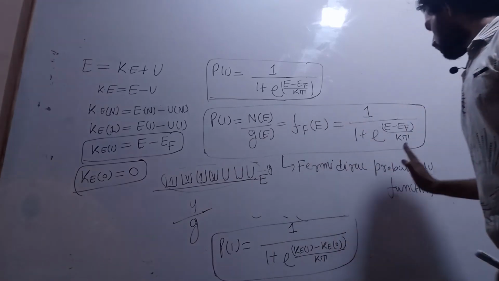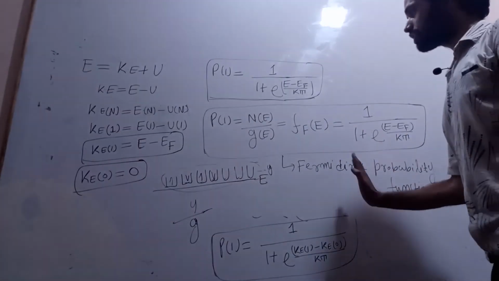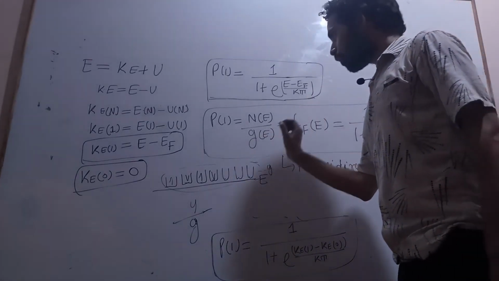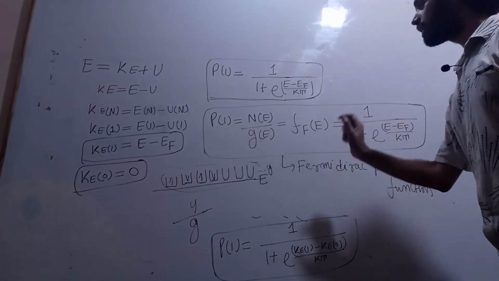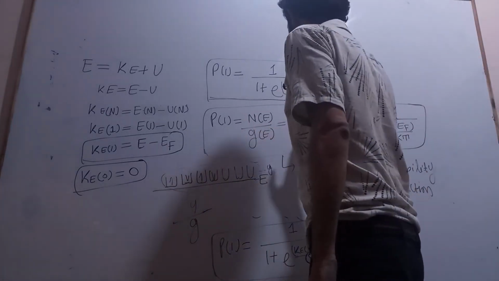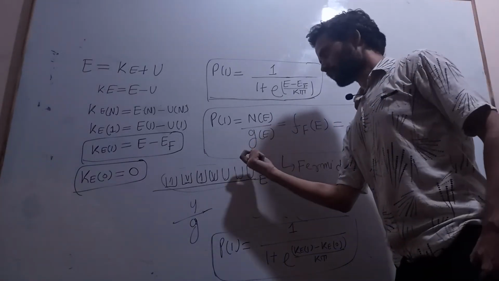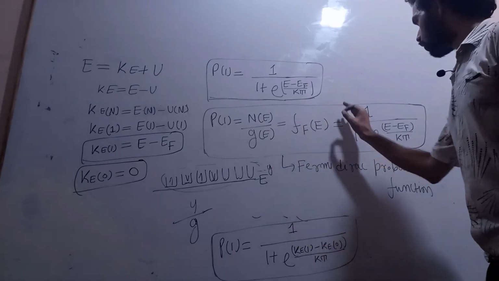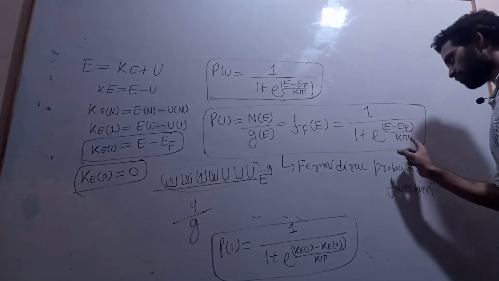What is the Fermi Dirac probability function, or Fermi Dirac distribution function? It defines the probability that a particular given quantum state is occupied by an electron, equal to 1 by 1 plus e to the power (E minus EF) by KT.